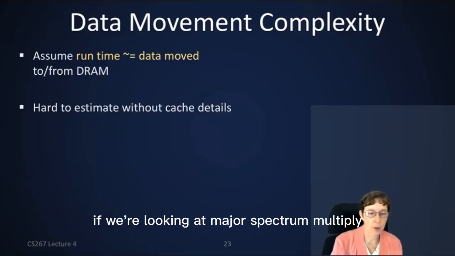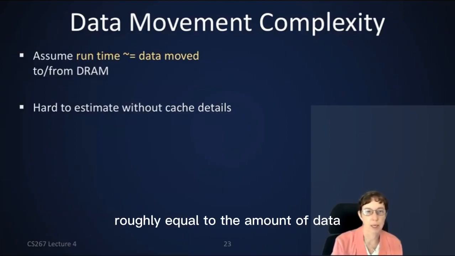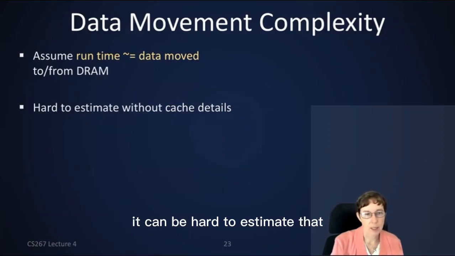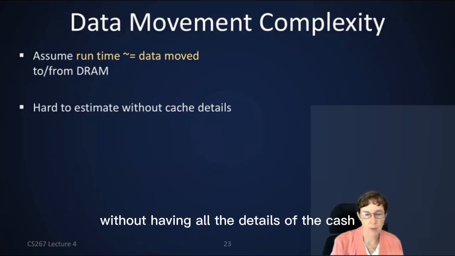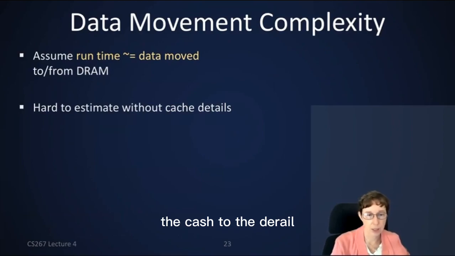if we're looking at matrix vector multiply, we can assume that the runtime is roughly equal to the amount of data moved and the cost of moving that data. We don't necessarily know that, and it can be hard to estimate without having all the details of the cache in order to know exactly what is moving in and out of the cache to the DRAM.